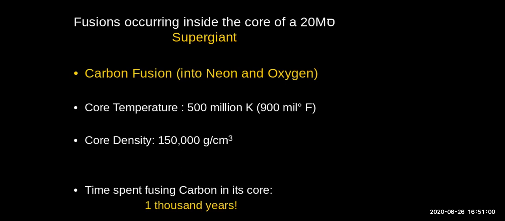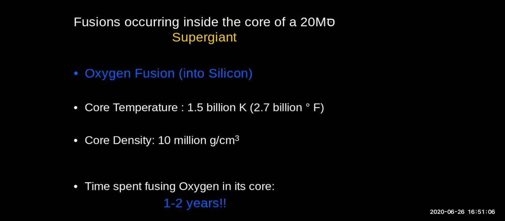So what happens? The core starts collapsing until oxygen starts fusing into silicon. At this point, the core temperature is about 2.7 billion degrees Fahrenheit. The core density, 10 million grams per cubic centimeter.